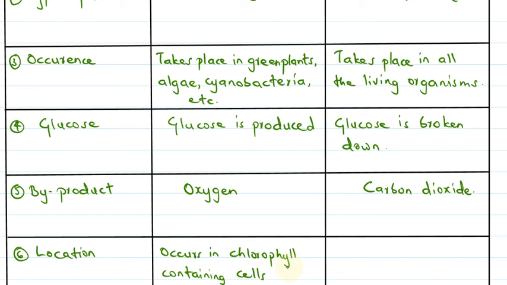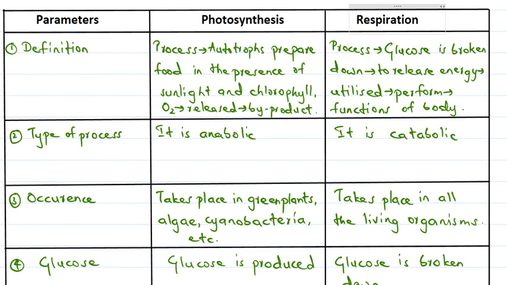So all the autotrophs where chlorophyll is present, in those cells the process of photosynthesis takes place, whereas the process of respiration occurs in all the cells. All the living organisms perform respiration, and this process occurs in all the cells of all the living organisms.